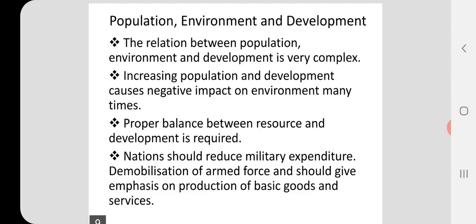So to overcome the problems arising from overpopulation and environmental degradation by development, we should reduce military expenditure, demobilize the armed force, and give emphasis on production of basic goods and services.